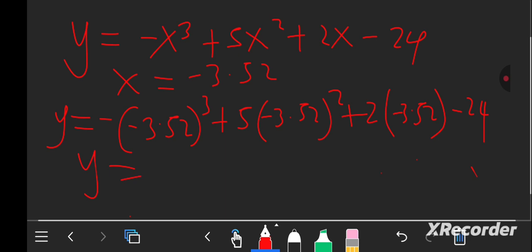What will be the value of y? Negative, open bracket, negative 3.52 cubed plus 5 times negative 3.52 squared plus 2 times negative 3.52 minus 24. This one is giving 74.5.